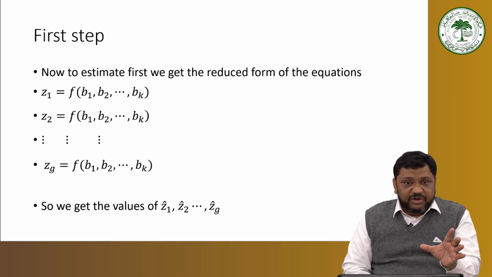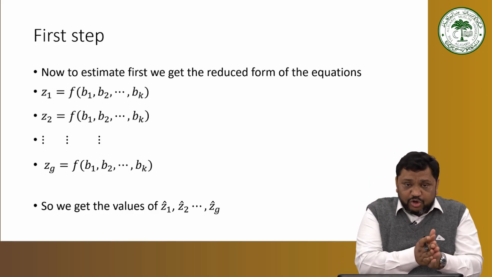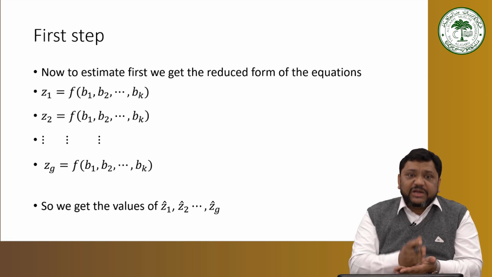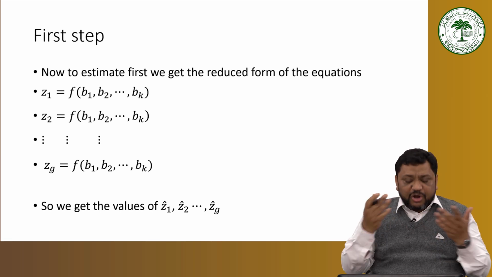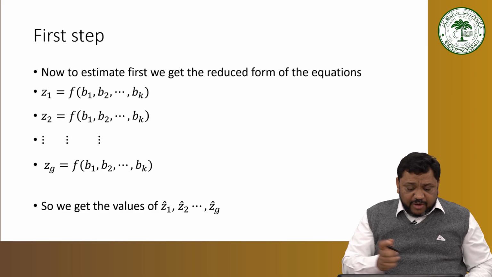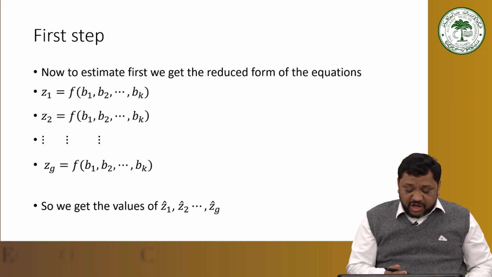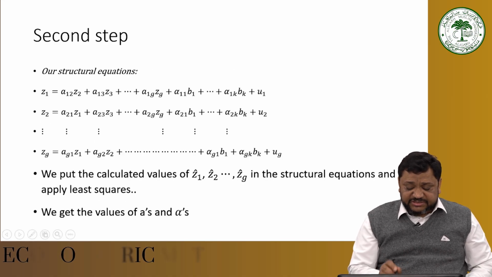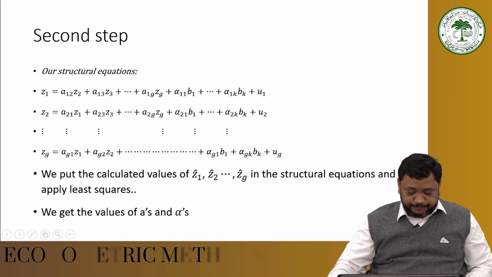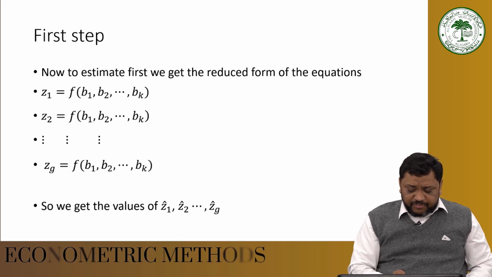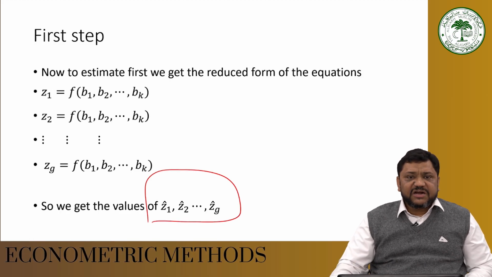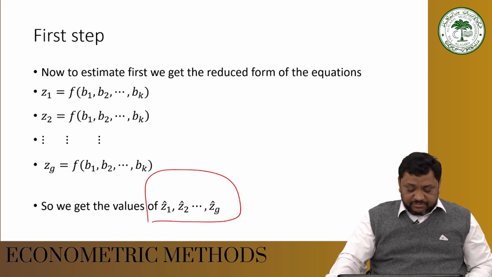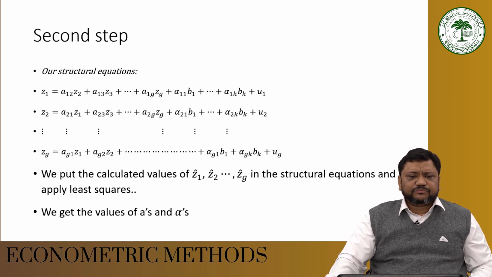What is the beauty of the reduced form? The endogenous variables are explained only in terms of predetermined or exogenous variables. From this we estimate the values of z1 hat, z2 hat and z3 hat. From this we get the equations of z1 hat, z2 hat and zg hat.